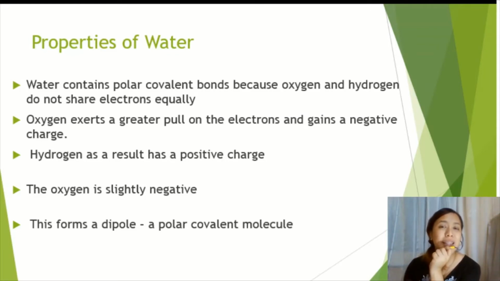It means that it is ionized, where one end would be positive and the other end would be negative. Hydrogen and oxygen do not have a charge beforehand, but reacting together, they form charges. In your PowerPoint, it says that water contains polar covalent bonds because oxygen and hydrogen do not share electrons equally.